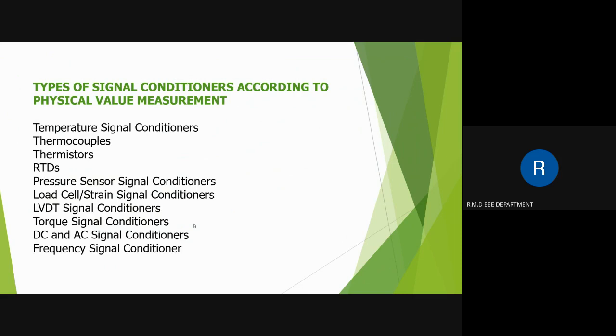And then frequency signal conditioner: the different sensors that produce frequency outputs are converted to a usable analog DC signal that is measured with a measurement device. So this is about the types of signal conditioner according to the physical value measurement.